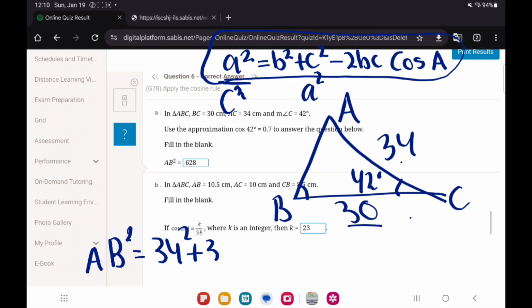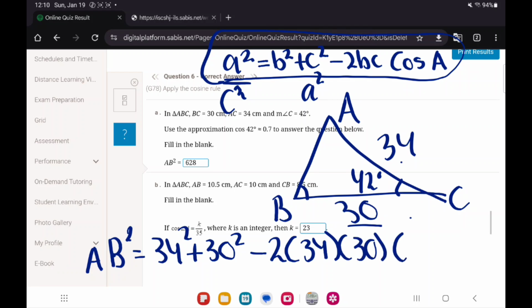So plus 30 squared minus 2, 34, 30 cosine of the only angle we have, which is 42. So you technically have no other choice. And they're telling you cosine of 42 is 0.7, so just input that.